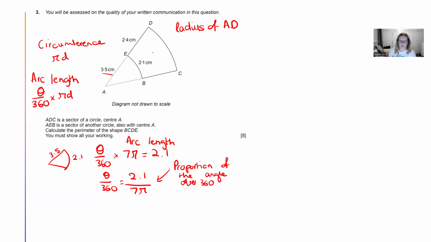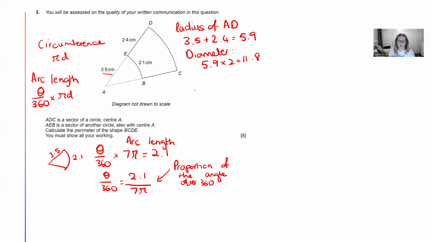I'm sure you can write this neater for yourselves. So the radius of AD would be 3.5 plus 2.4, which gives us 5.9. So the diameter is going to be 5.9 times 2, which gives us 11.8.